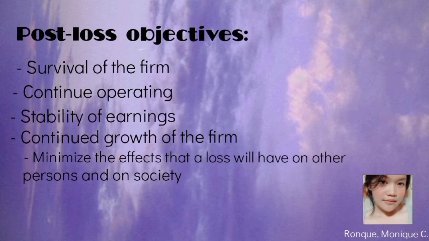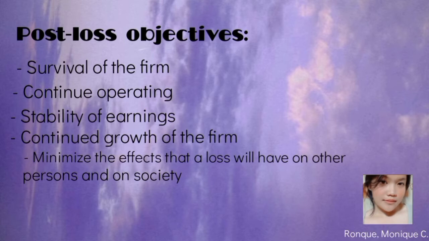This objective means preparing the company to continue operating through or shortly after a tremendous loss or incident. Next is to continue operating. After a loss, it's very important for a company to have reserves in order to continue operation.